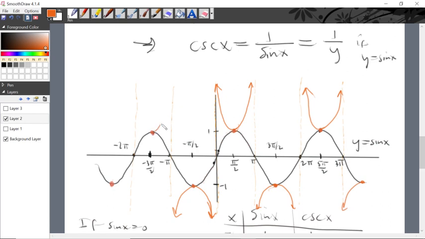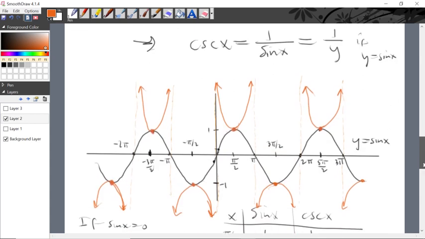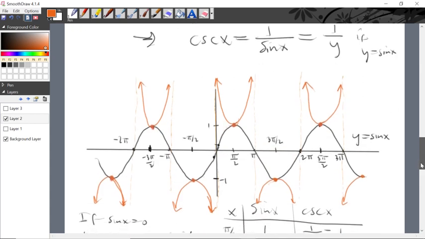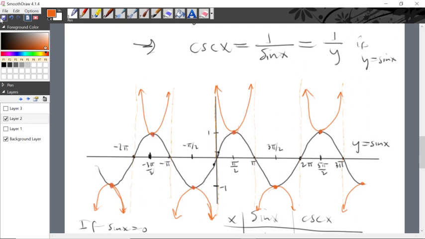All right, so we can choose what is a typical branch. One choice that we can make would be to say it's between 0 and 2 pi. We're going to have to cut out the values in the domain that are restrictions, wherever we have a vertical asymptote. Notice that, again, because the period of the sine function was 2 pi, it must also be that the period of the cosecant is equal to 2 pi as well.